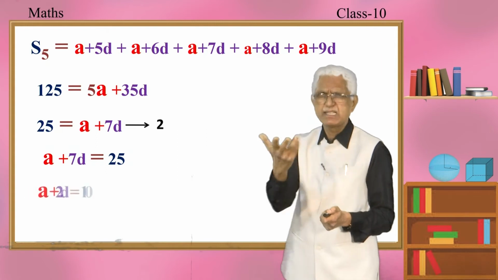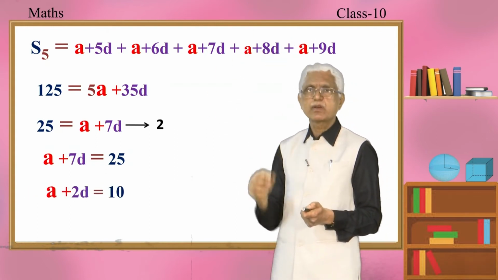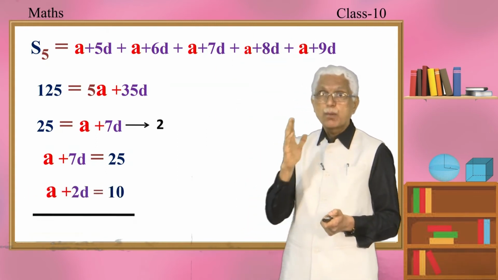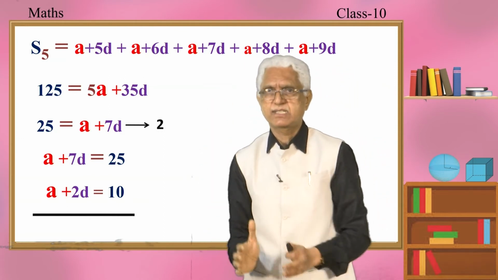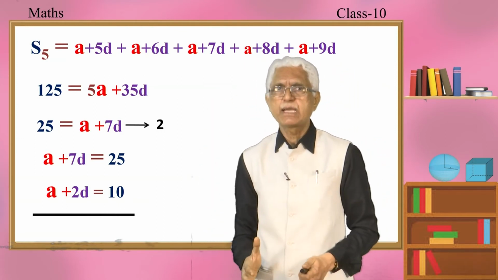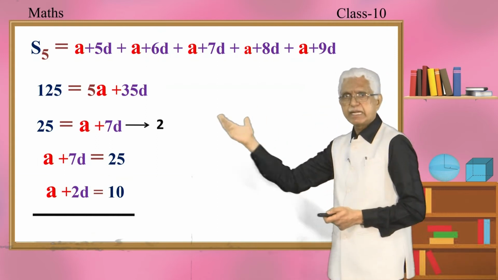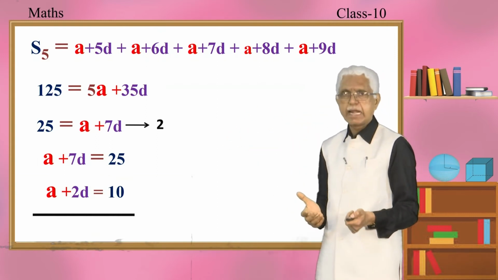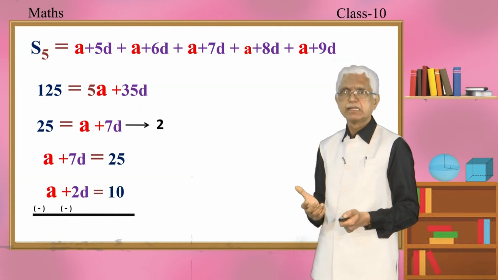A plus 7D is equal to 25. The first equation was A plus 2D is equal to 10. By now you are so well versed, so confident of solving a pair of linear equations. A plus 7D is 25, A plus 2D is 10, and A gets cancelled, correct?